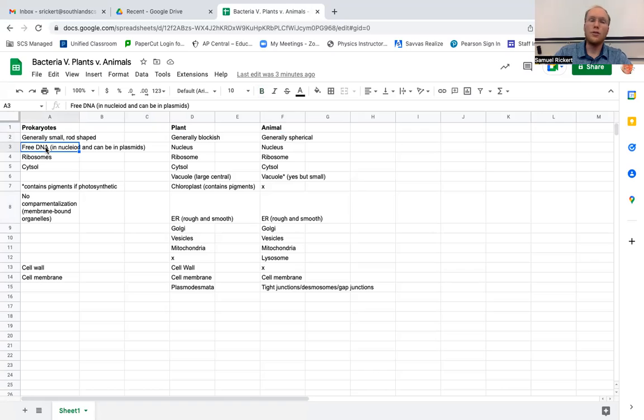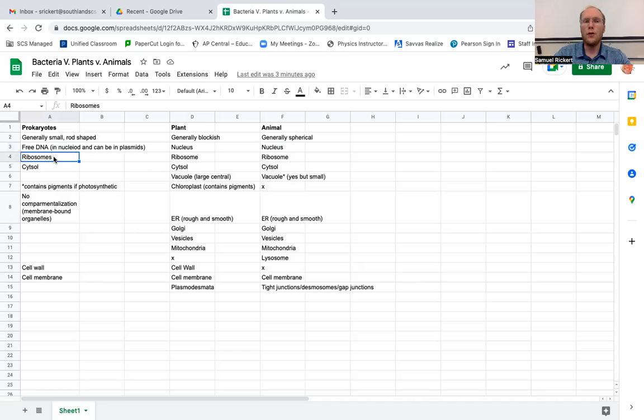And one of the characteristic ways that we identify a prokaryotic cell is that its DNA is free, meaning that even though it is usually maintained in one part of the cell called the nucleoid, it is not surrounded or protected by a nuclear membrane as in all other types of cells. So it has free DNA. The DNA can be coiled up in chromatin, and it does have chromosomes just like plants and animals, but it's not protected by a nuclear envelope.